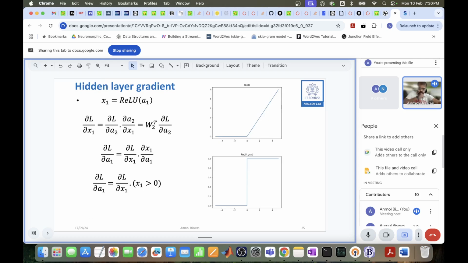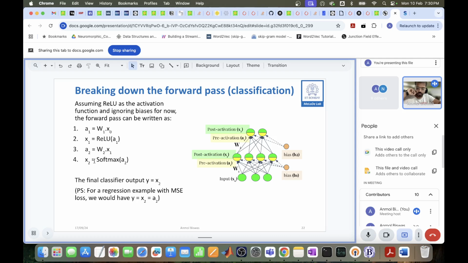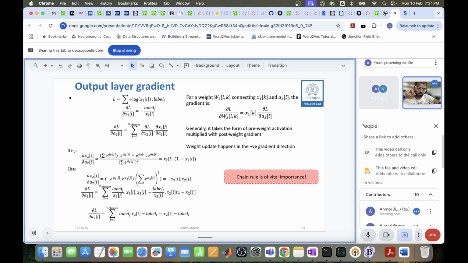And then finally we come to the hidden layer. So we have basically gone through this. Once we reach here, and this is a very simple function, we'll have a way to compute the gradient for w1, and if we are able to compute the gradient for w1, that completely solves our problem, because we only have two sets of weights.